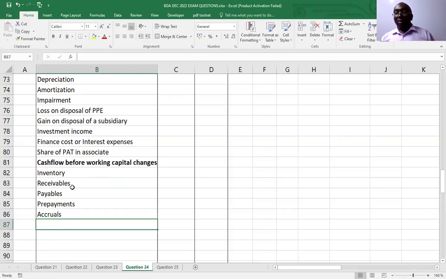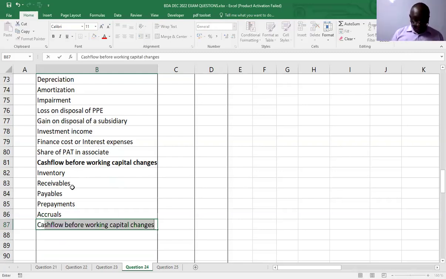So we will be saying whether it has increased or it has decreased, and then we judge whether that is an inflow or an outflow. So when you do that, you get a figure we call cash generated from operating activities or from operations.